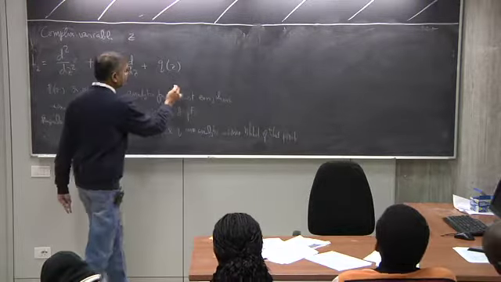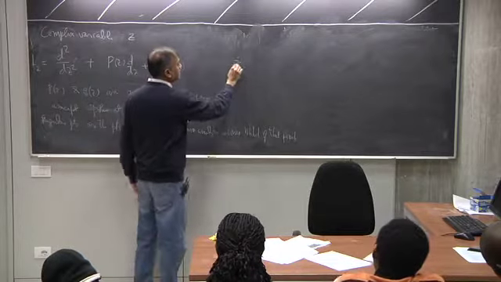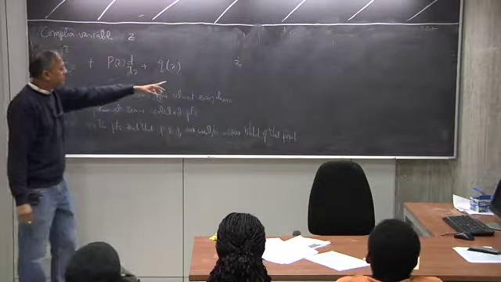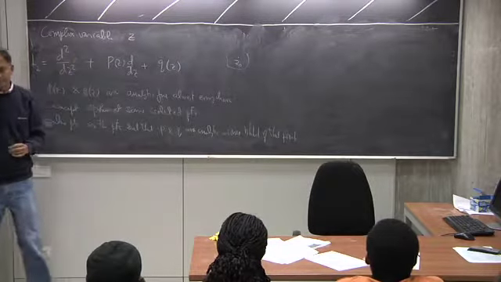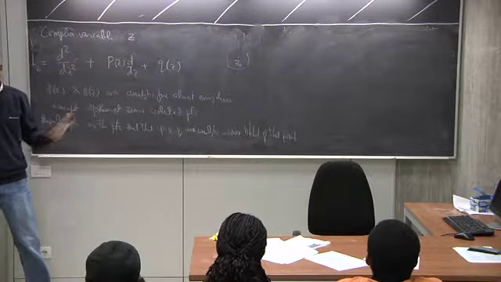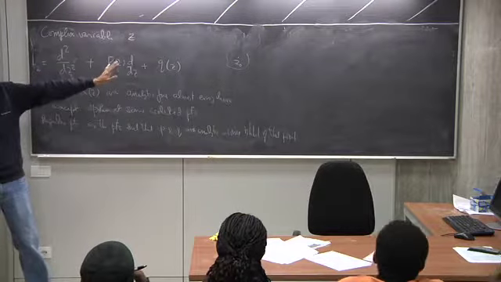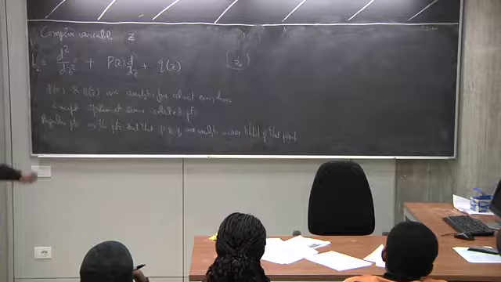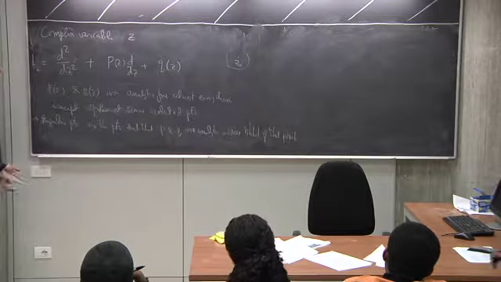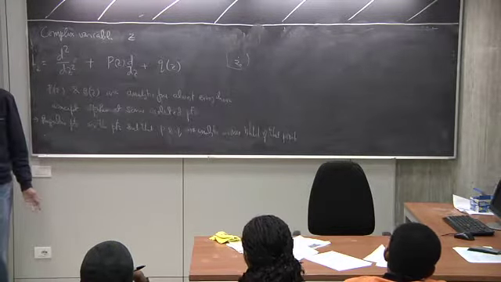They don't have any poles, everything is smooth and regular, that's why it's a regular point. And then you have singular points where P and Q may have poles.